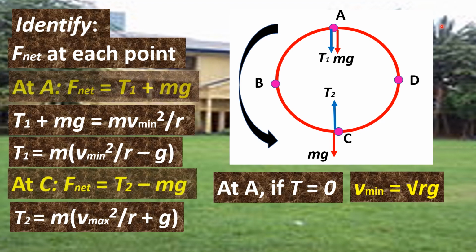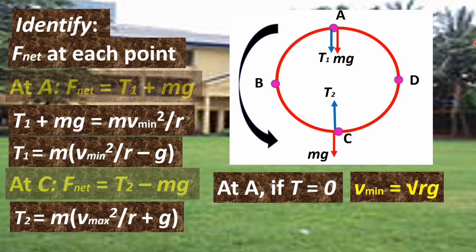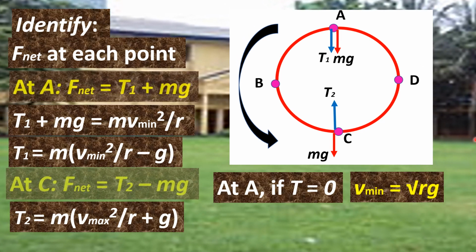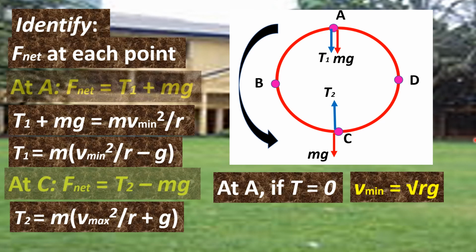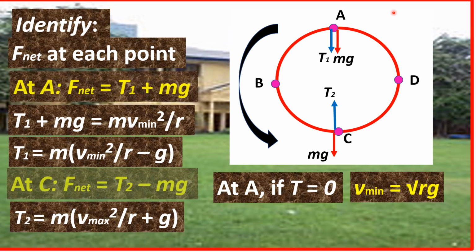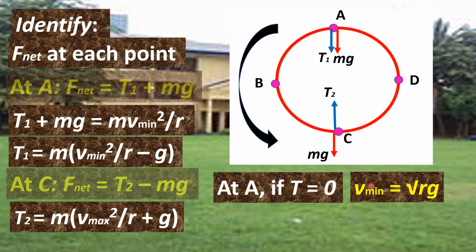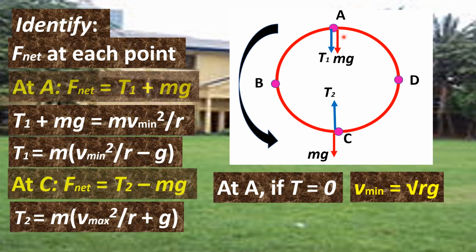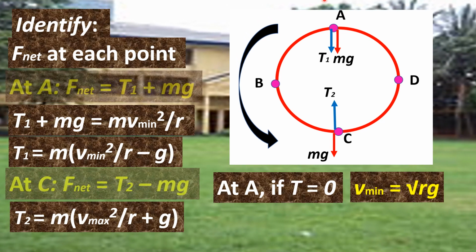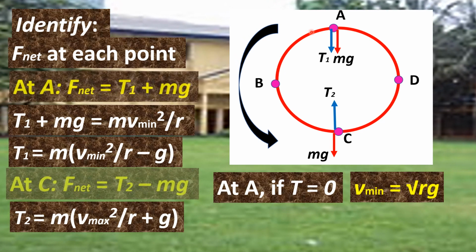This v minimum is also called the critical speed of the body. Critical in the sense that if the speed or tangential speed of the body is lower than this critical value, the object will not be able to make a perfect circular path.